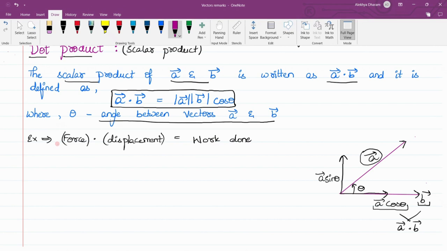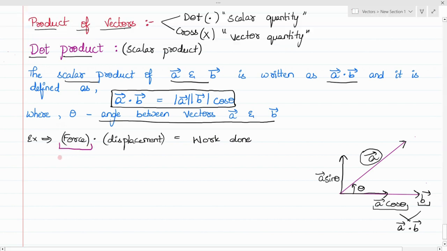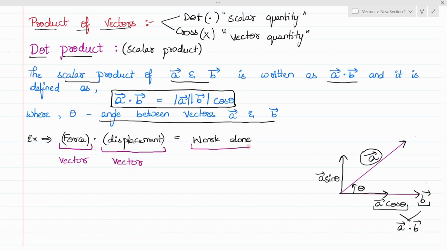If you observe here, force is a vector quantity, displacement is also a vector quantity, but what about the work? Work done is a scalar quantity. So when you multiply two vector quantities, the output is a scalar quantity. This is what the dot product actually is.